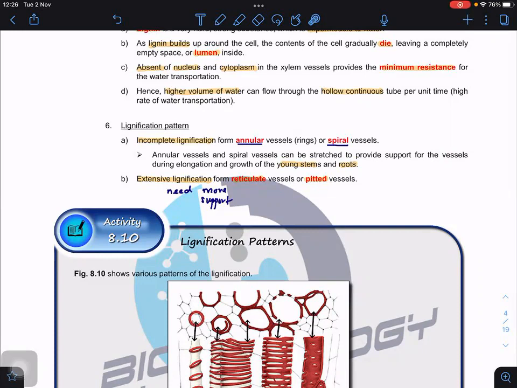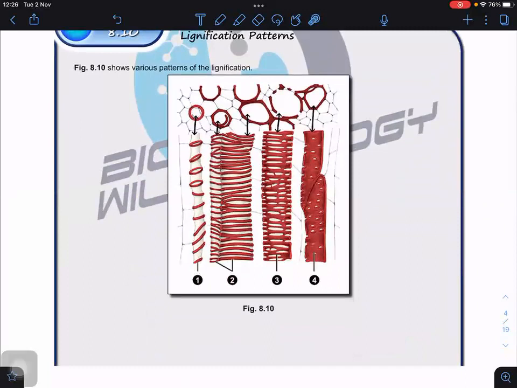So we have talked about annular, spiral, reticulate, and pitted. Let us look at the structure. This form forms a ring, right? So this one is termed annular. This one is something like a spring going down like this, so this form is termed spiral.